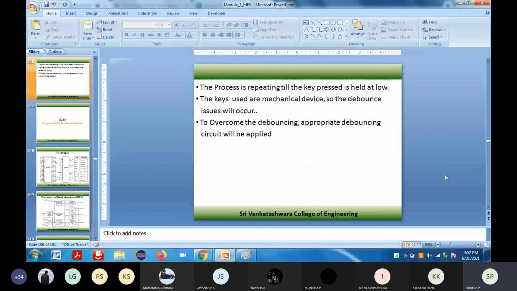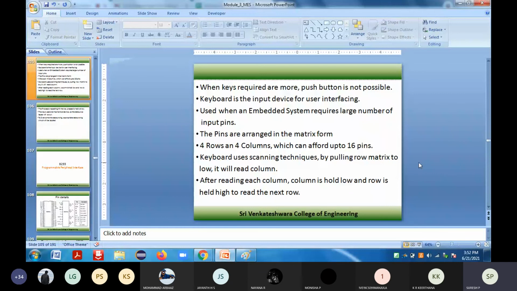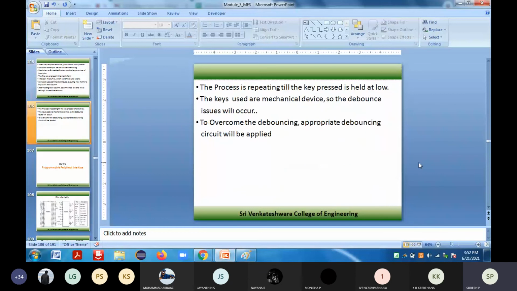That is how it will be read. You will understand it better when you do the lab with respect to the hardware. There is keyboard interfacing as part of your lab, and when you study it, you understand what is happening with that particular device.